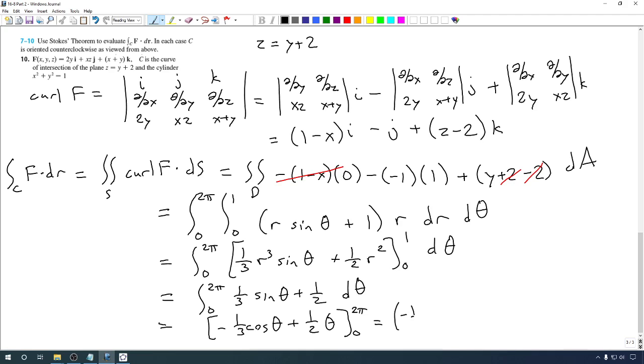In other words, we have a negative 1/3 here, but then we'll also be subtracting a negative 1/3 here. When we plug in 2 pi, this actually becomes a pi, but when we plug in 0, we get a 0. So those negative 1/3 cancel out. We're just left with a pi. And that is the integral of that vector field over that ellipse.